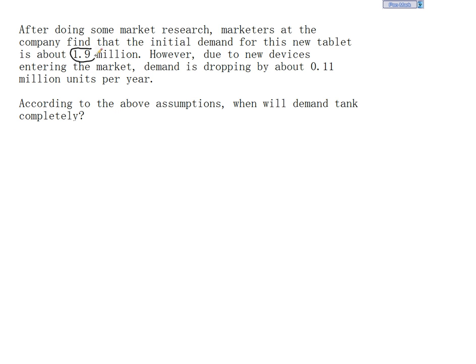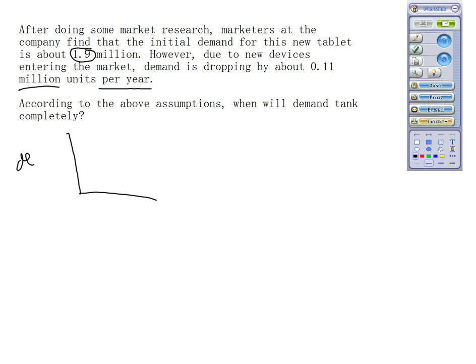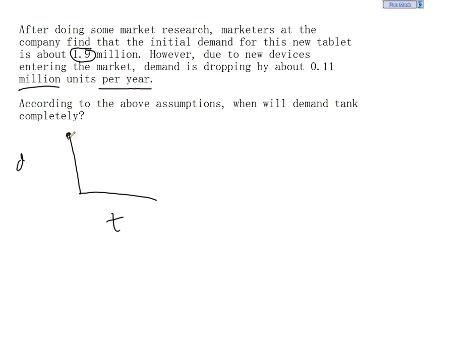So we know that initially, we're looking at demand as a function of time, and we know that because it's demand per year. So output over input. So here's our demand, and I'll just allocate a letter D to that, as a function of time. So we know that initially the demand is 1.9 million.